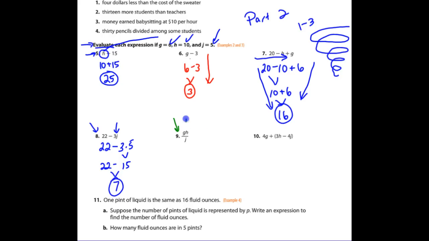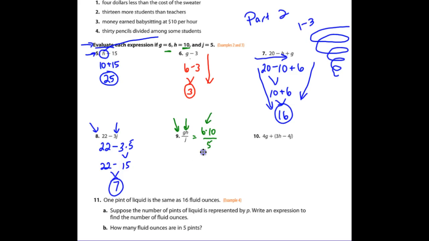Number 9 says gh divided by j. Well, there's all kinds of variables there. So again, let me clean up my paper here. g, it says, is 6. So we have 6 times, h is 10. 6 times 10 divided by j is 5.